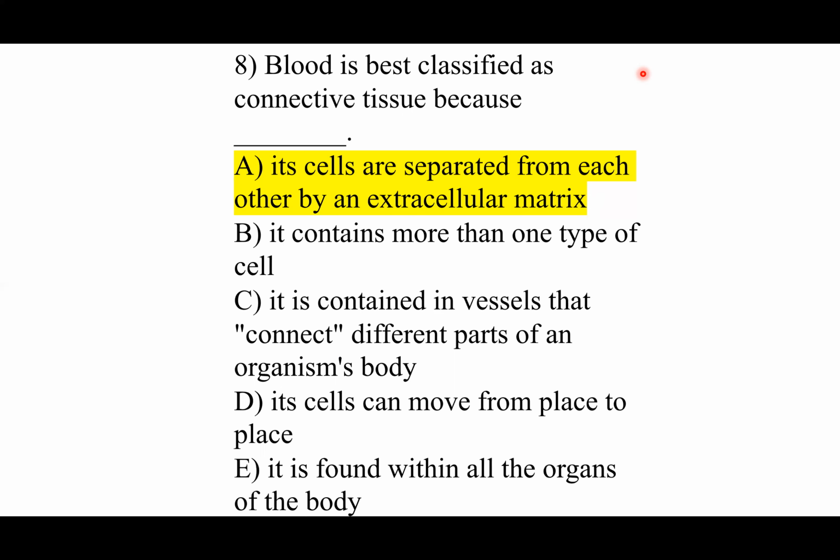We're not really considering anything else about blood itself. So you have to remember that for something to be a connective tissue, we're talking about cells loosely arranged in an extracellular matrix, and you have your cells spread out. So the best answer and the correct answer here is A.